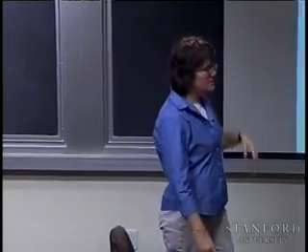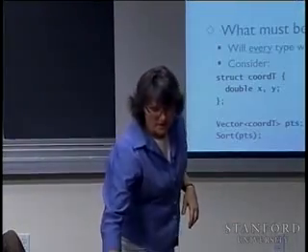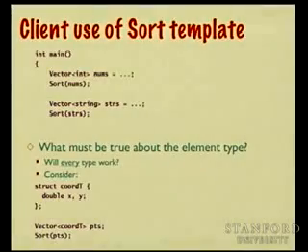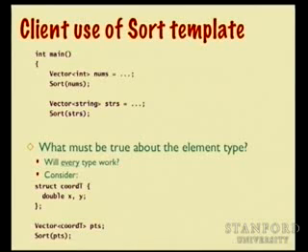So we got this guy, and as is, we could push vectors of ints in there, vectors of strings in there, and the right thing would work for those without any changes to it. But it does have a lurking constraint on what must be true about the kind of elements that we're trying to sort here. Not every type will work.